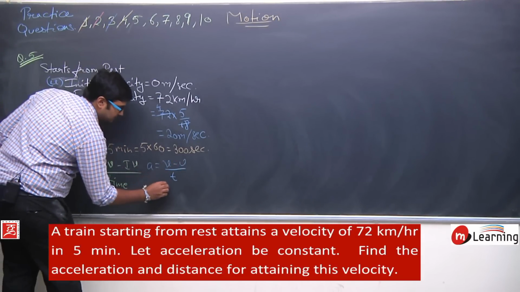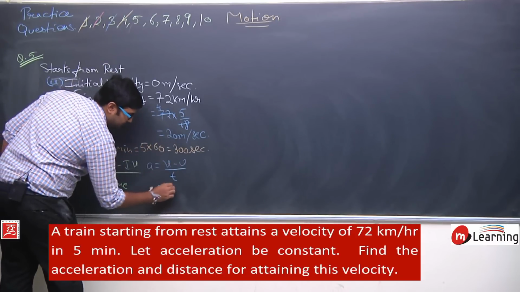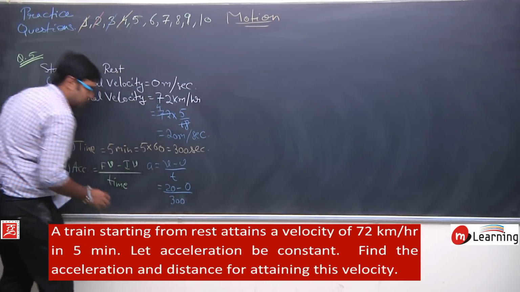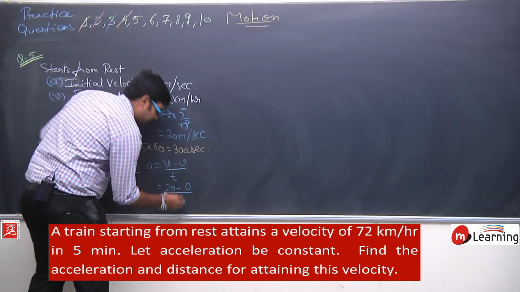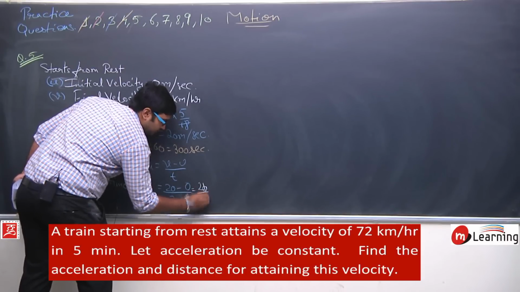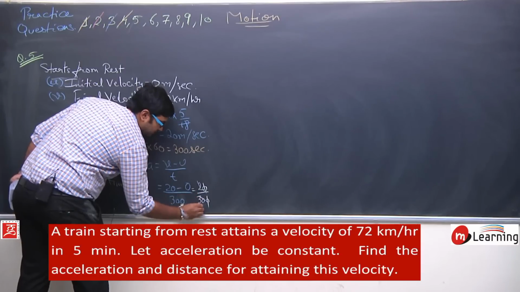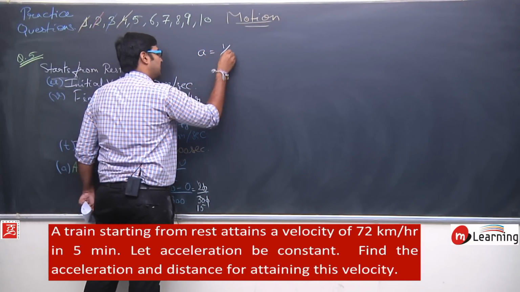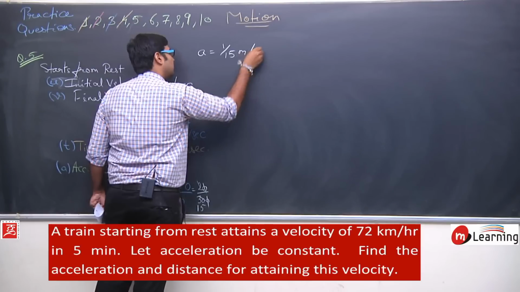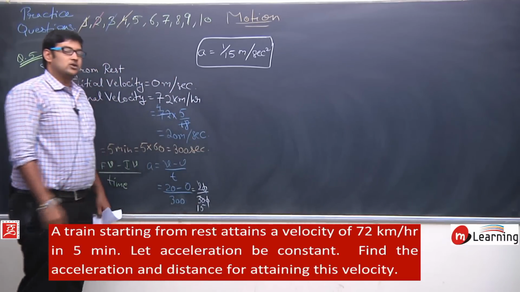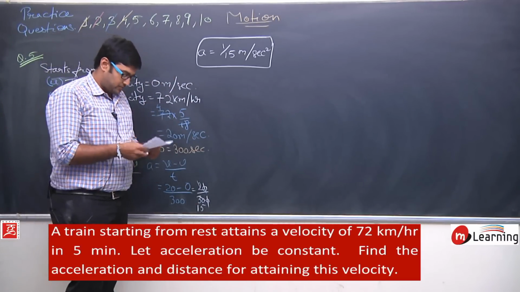Now v is 20, minus u which is 0, upon t which is 300. When you solve this, it will be 20 by 300, this will get cancelled, and this is 15. So the acceleration will come out to be 1 by 15 meters per second square. So this is the acceleration of this body.